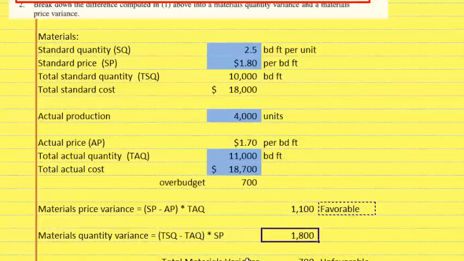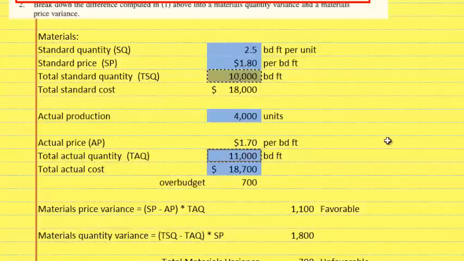And the materials quantity variance arises because we use more or less materials, in this case board feet of lumber, than we should have. And we've already made that comparison. We compared 10,000 to 11,000. And we came to the conclusion that we used 1,000 more board feet than we should have, times a standard price of $1.80 per board foot.